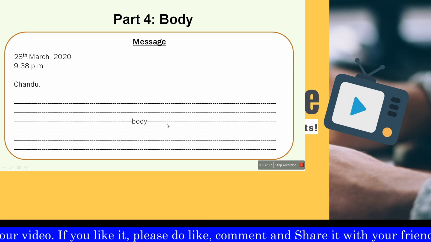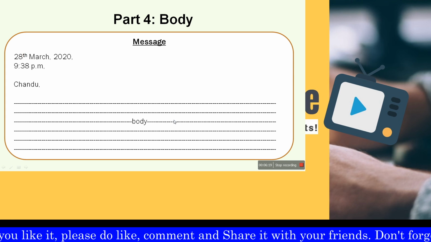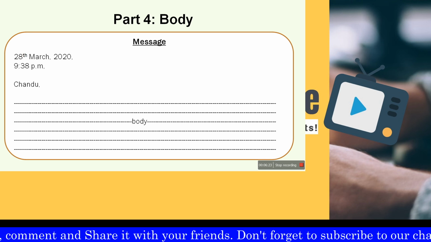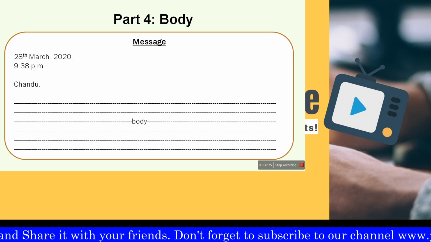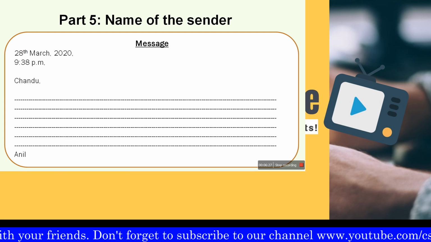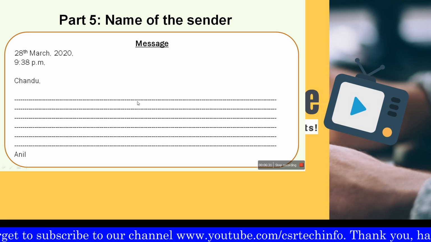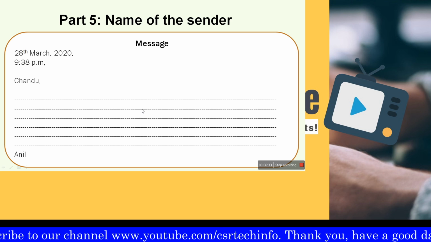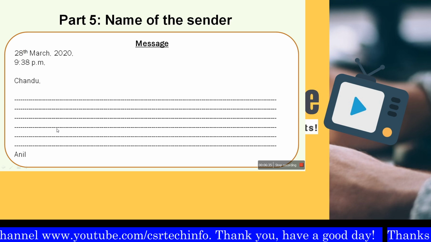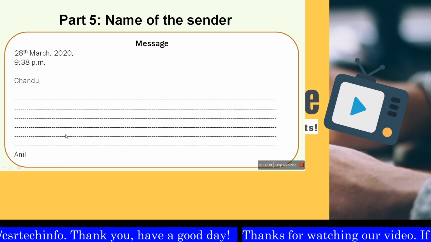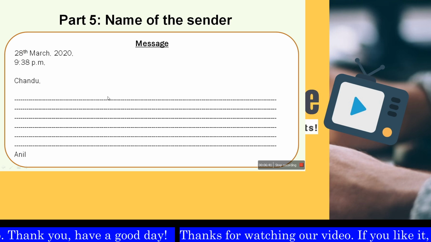Okay, right. And after this body also there must be a space. Let's see the fifth part. Part 5 is name of the sender. Who is writing this message? The person's name we have to write here after the body, after one line space.